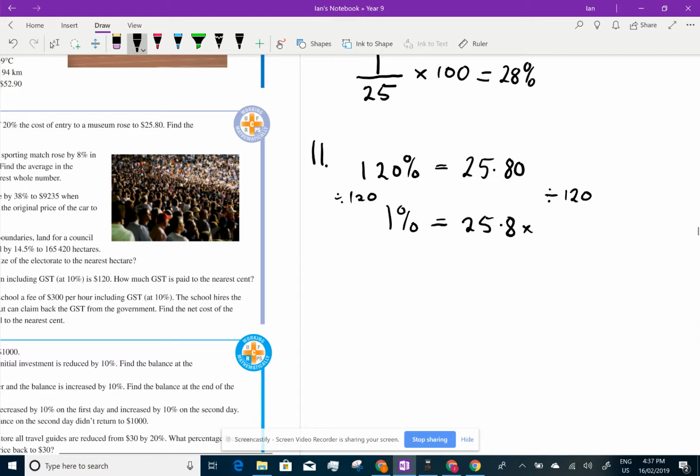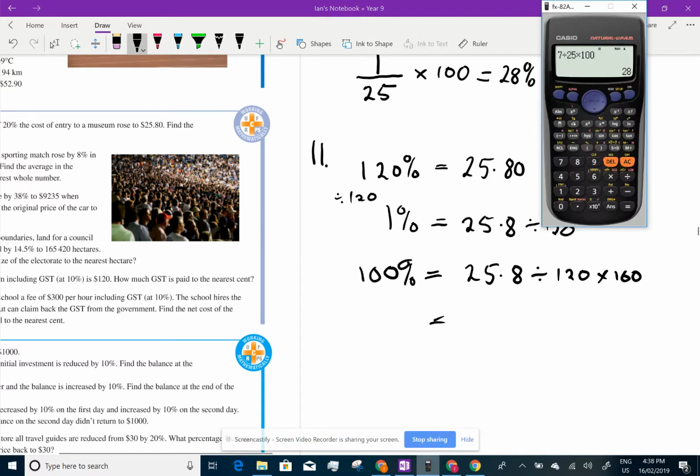So 25.8 divided by 120. But we don't want 1%, we want 100. We don't even need to find it. We want to find out what 100% was. So we're not going to find the 1%. We know that algorithm would give it to us. It'd be nice if you wanted to go and find that, but we don't need to. What we want to find out is 100%. So we go 25.8 divided by 120 times 100.